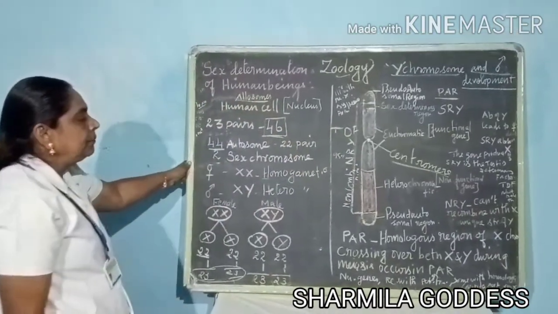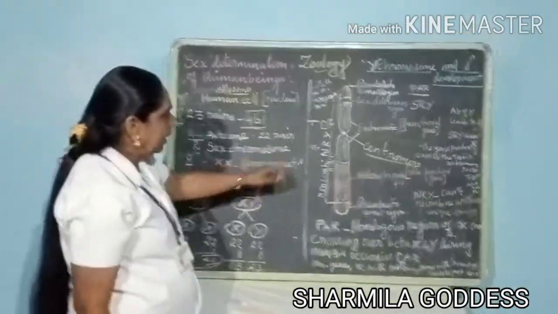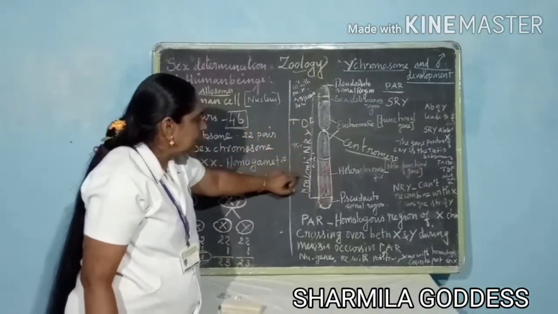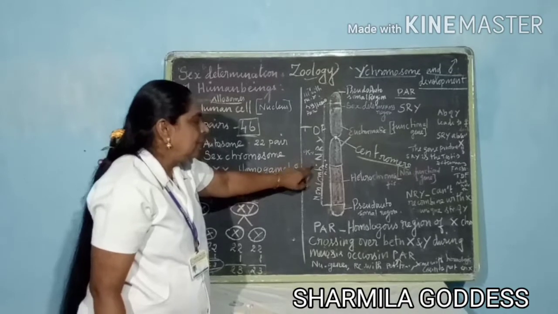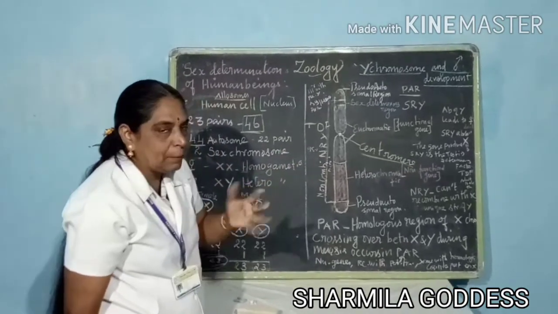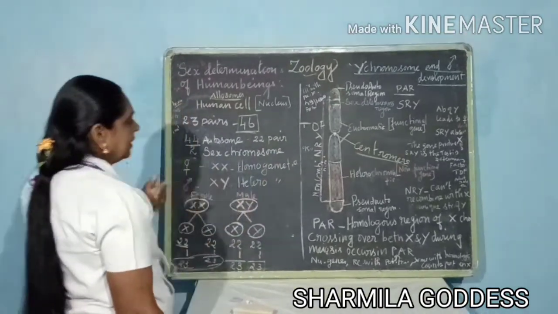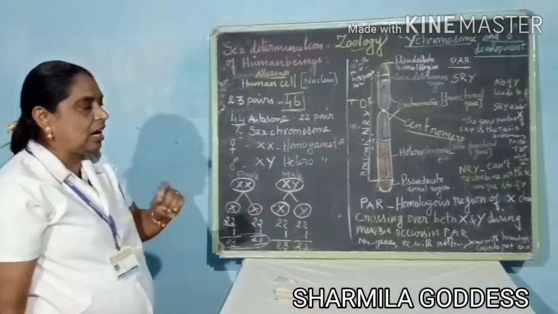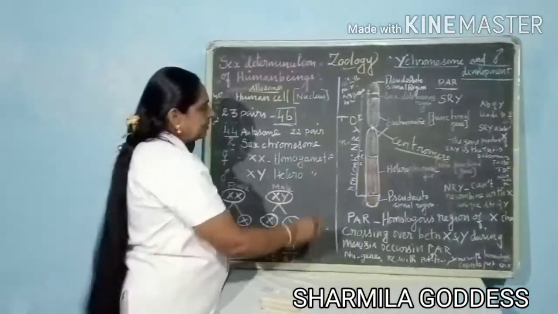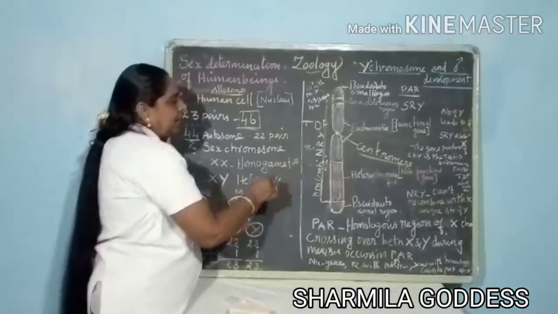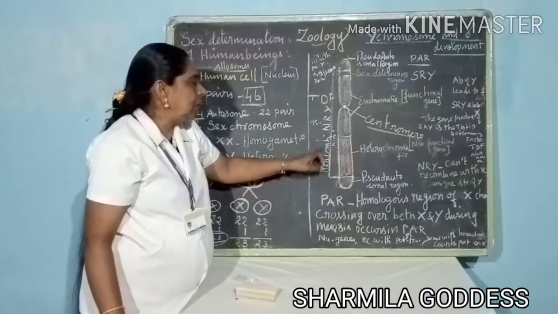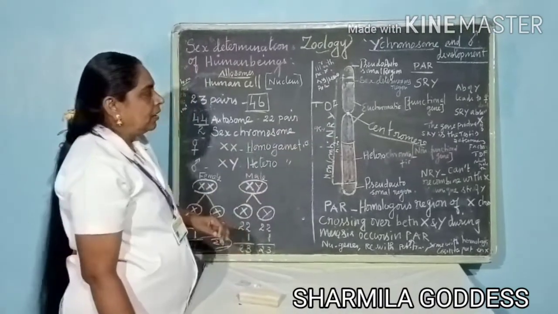Okay, then this NRY is called what? Non-combining region. So this NRY can't combine with the X. That is a unique region, the unique structure of Y. It can't recombine with the X. So it is called non-combining NRY. Have you understood?